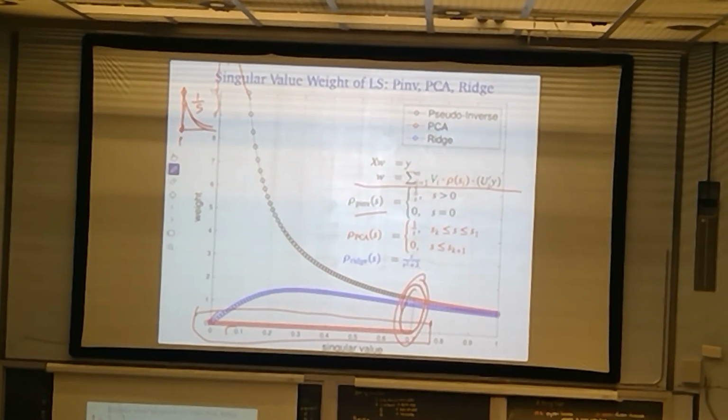Yes, it will be the k least eigenvectors. If it's 1, it's just the last one. If it's 2, the last 2. You can check out more derivation details on Wikipedia, but the idea is exactly the same. It's just a little bit more math.